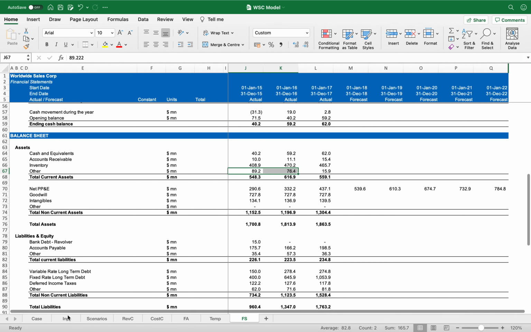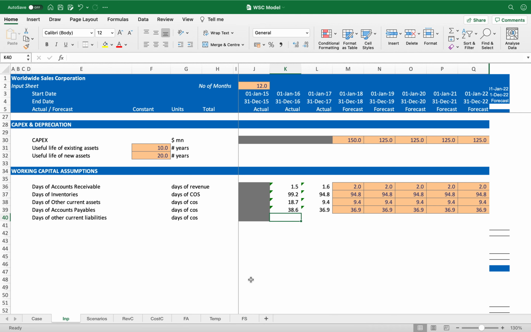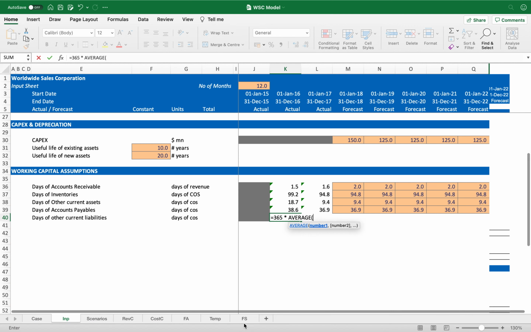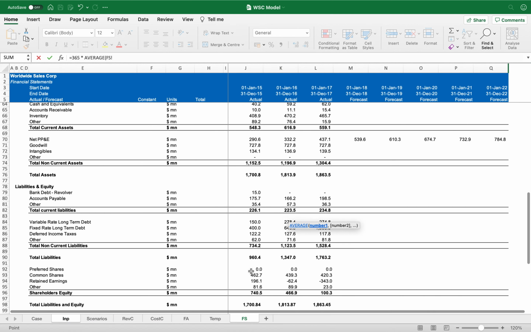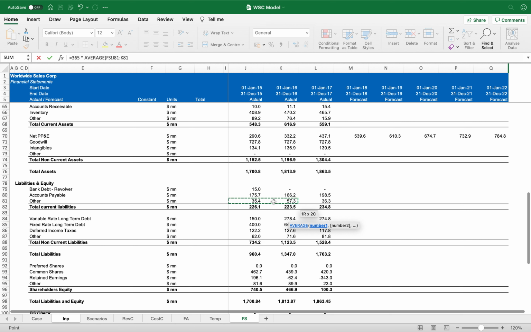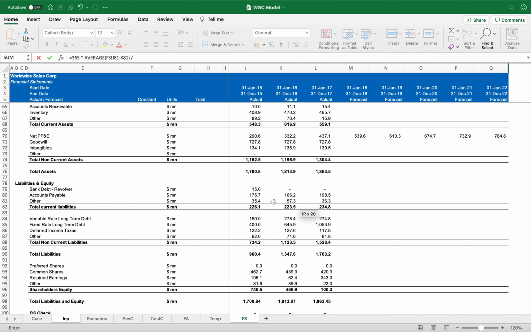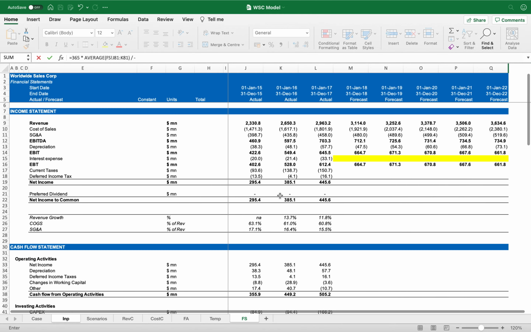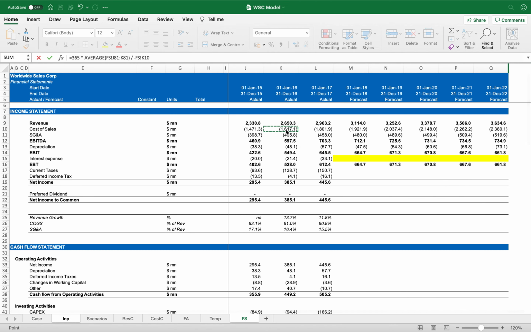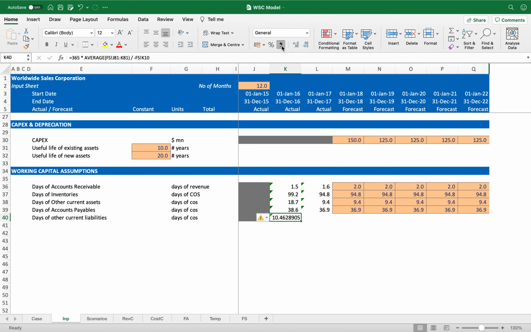Okay, so I just wanted to show you this. So 365 multiplied by average other current liabilities divided by cost of sales. So 10.46.